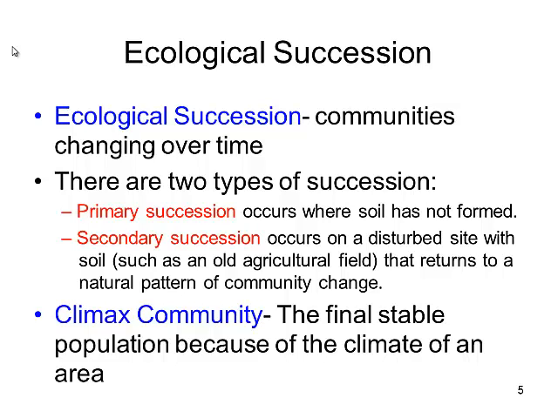So ecological succession is the change of these communities and their landscape over time. So there's primary succession, which occurs when soil hasn't formed, or secondary succession, which occurs on a disturbed site with soil, so agricultural differences that return to natural patterns of community.